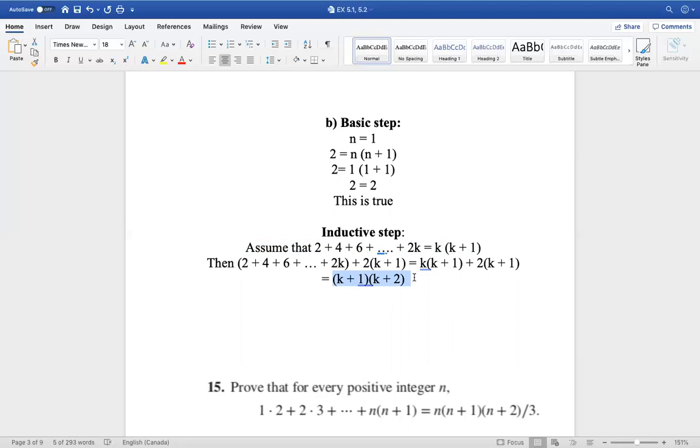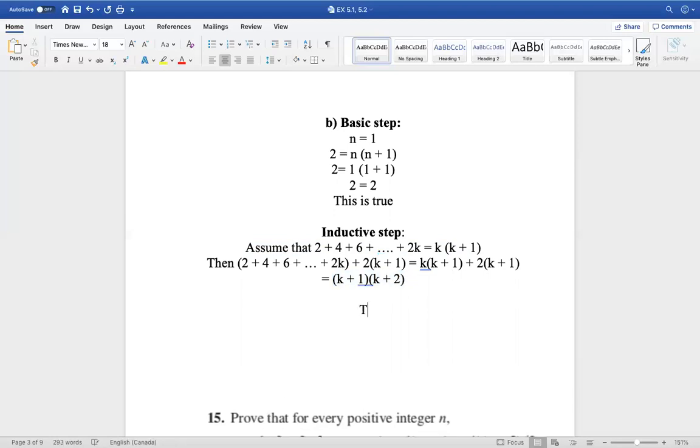So therefore we prove that our formula from part A is correct. So this is how you can come up with the formula and know if it actually works or not, by proving it using induction yourself.